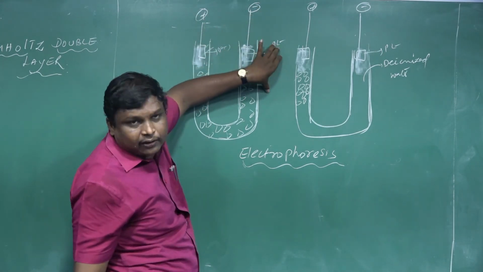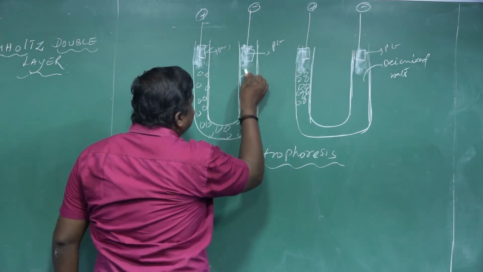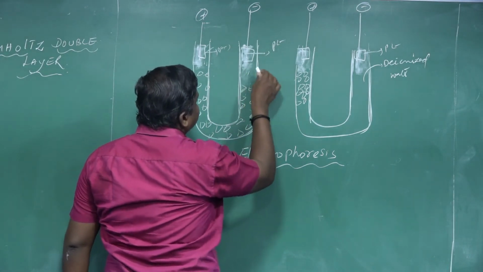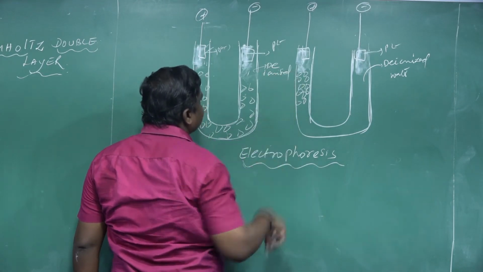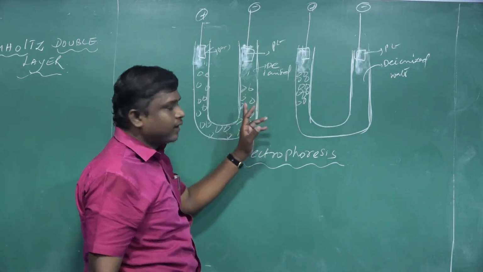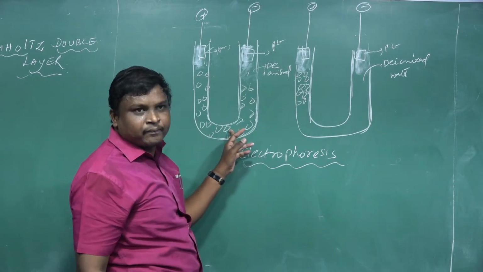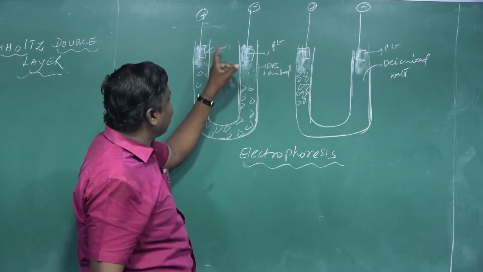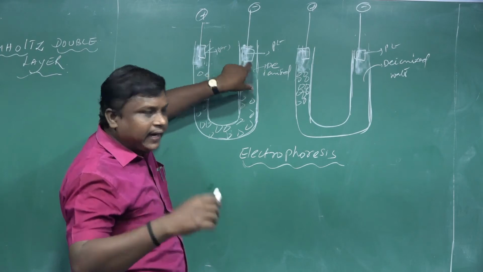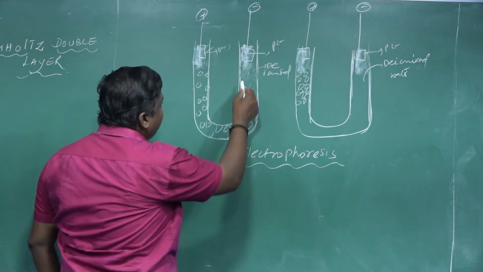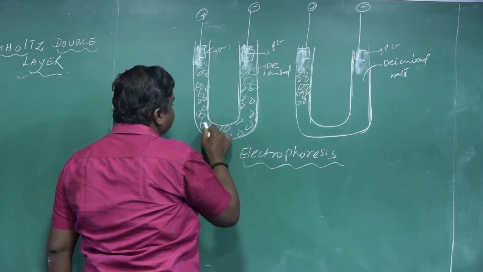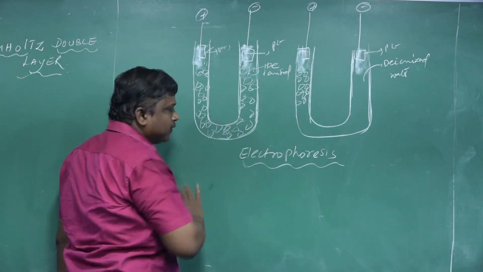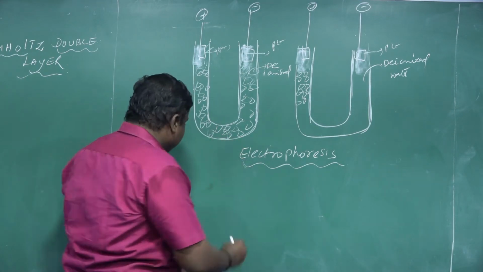This is deionized water. Two platinum electrodes immersed in deionized water. These are the sol particles. Both sides are equal. This is before.